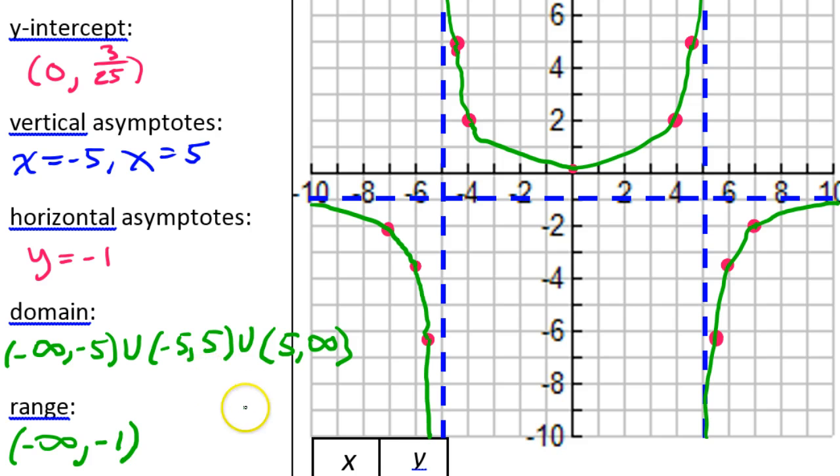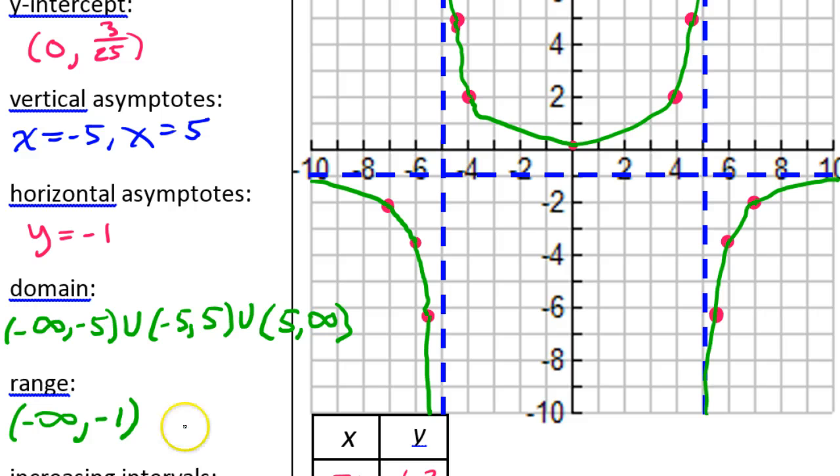Remember? So the upper part that sort of looks like a U or something is going to start at 3/25, and also we're going to put a bracket on it, and so we'll have 3/25, and from there it does go up to infinity.